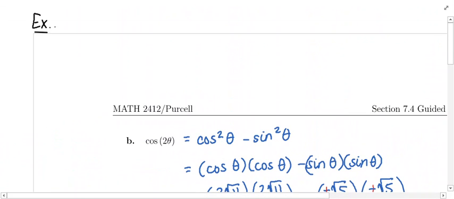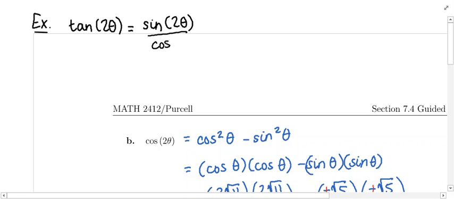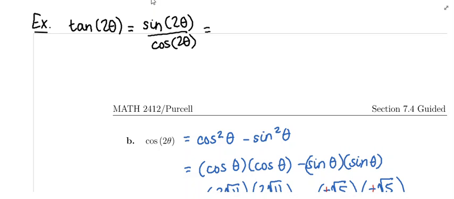If I'm trying to find the tangent of 2 theta, 2 theta is an angle. All I have to do to get its tangent is take its sine and divide it by its cosine. So we could have gotten this answer by simply doing the sine of 2 theta divided by the cosine of 2 theta. And we know what these are because we've already done it.